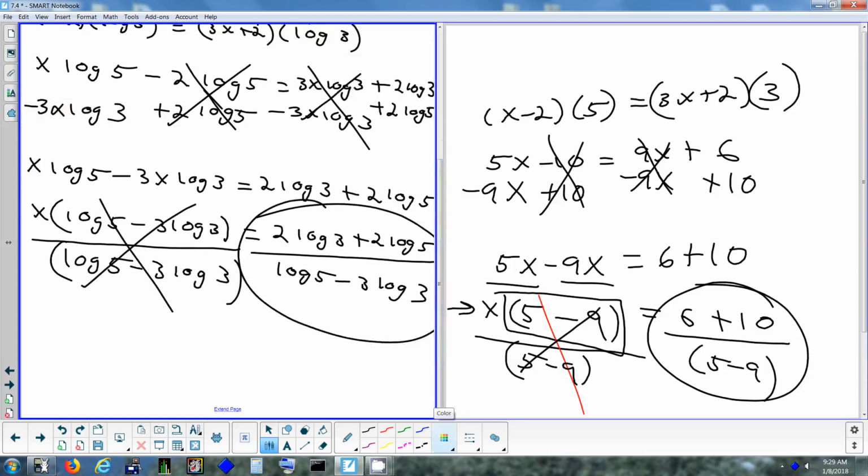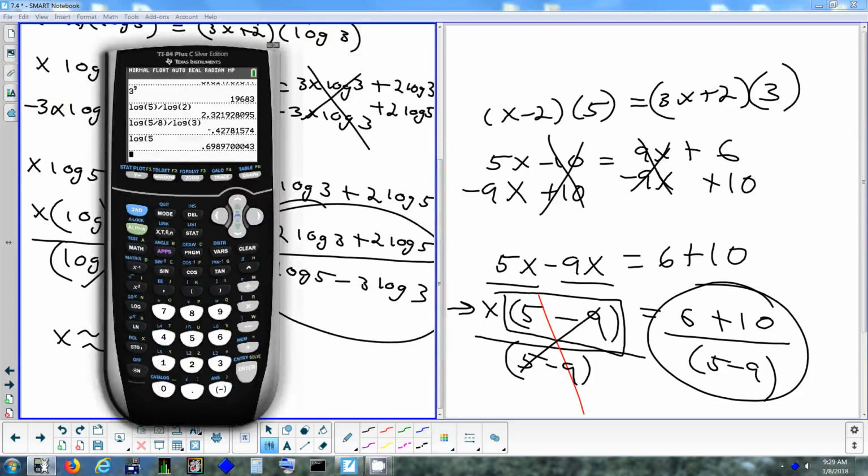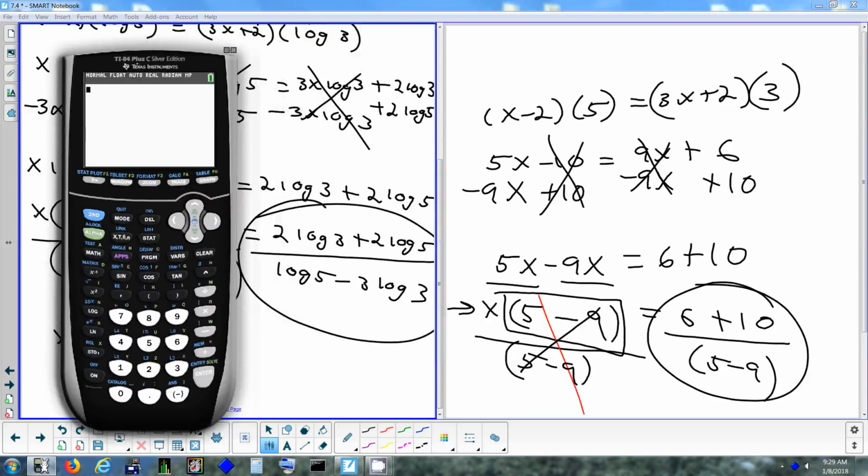It's kind of a pain to type all that in because it's a lot of stuff to type in. But if they wanted a decimal out, I'll go through it and just show you how to type it in. I'm not going to do it all at once since there's so many logs there. I'm going to do it in 2 steps. Let's do 2 log 3 plus 2 log 5.